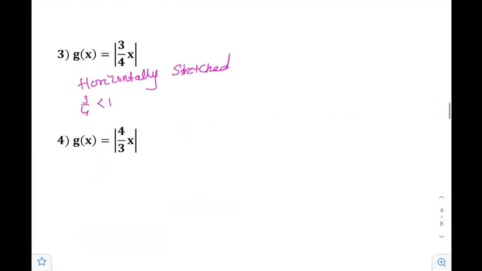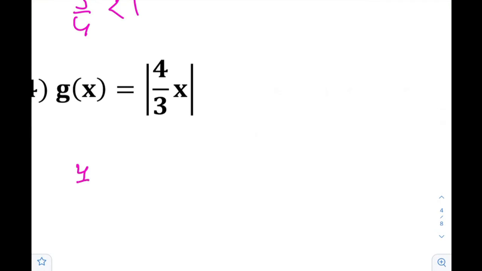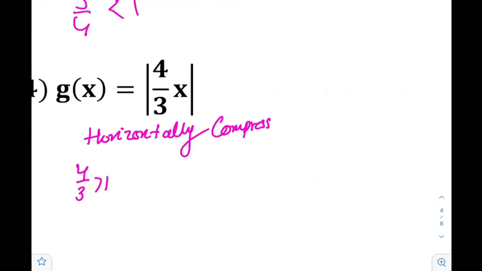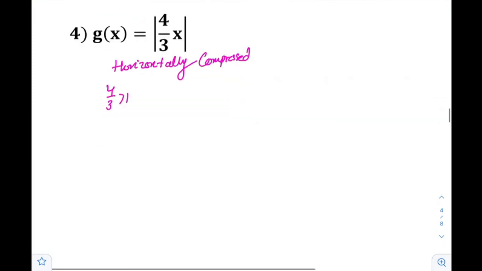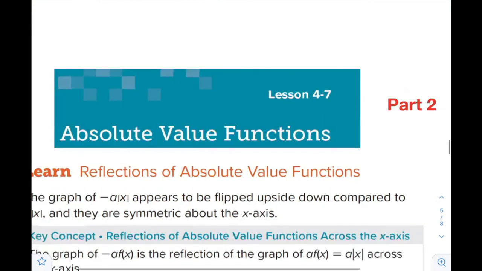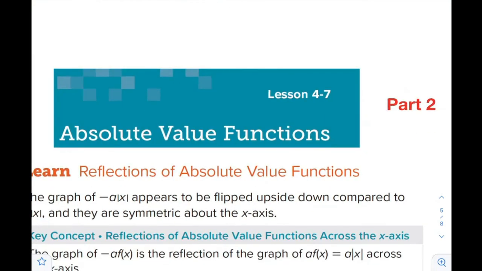Same for this one, 4 over 3, more than 1 inside the group, so it is horizontally affecting, so it is horizontally compressed. Exactly the same rules that we applied for linear function. And with that, we have revised the dilation, waiting for part 2 in the next video. See you later.